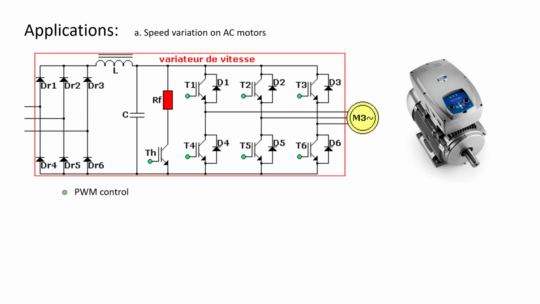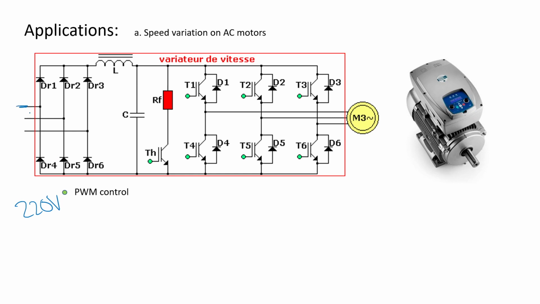Then let's look at the application of an inverter for controlling a motor. In practice, we have a power source as AC, which is fixed AC with root mean square value of 220 volts for each line.